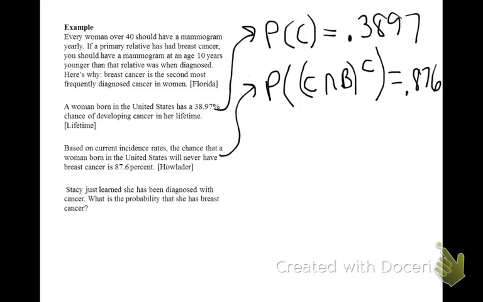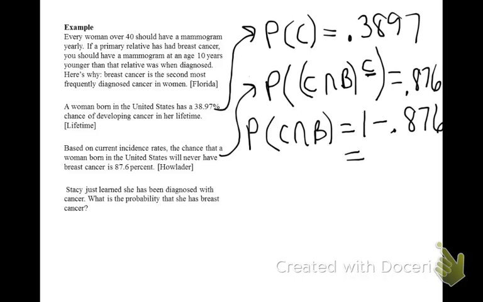If you want to find the probability that a woman could have breast cancer or does have breast cancer, you would use the complement rule. So the probability a woman has cancer and it turned out to be breast cancer is 1 minus, remember that complement, you switch it to a 1 minus to get rid of it, 0.876. So the probability a woman will get breast cancer is 0.124.